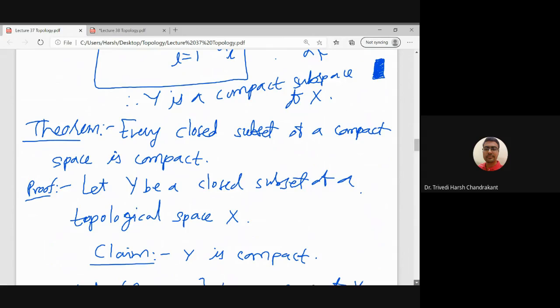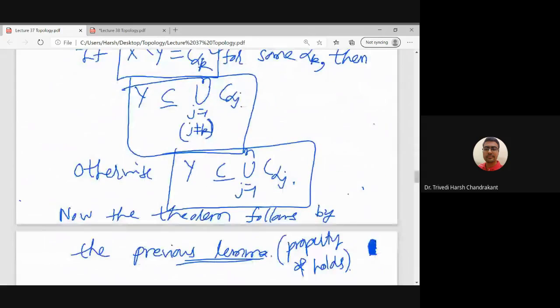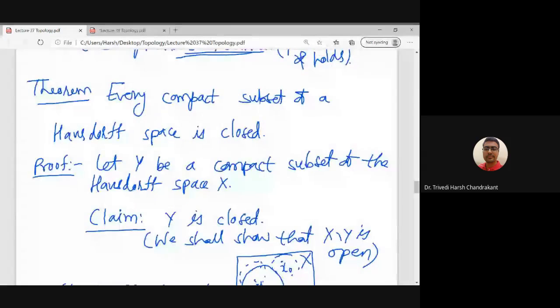And what about the converse, when does a compact set become closed? For that we have discussed this result: every compact subset of a Hausdorff space is always closed. We know there are several examples of Hausdorff spaces.